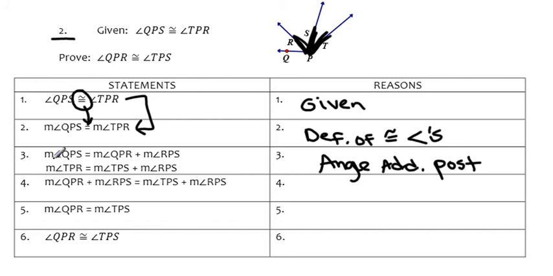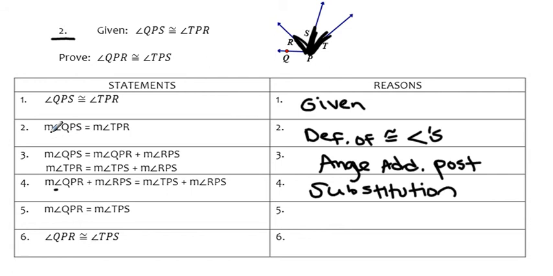What they do is they say that since QPS is equal to QPR and RPS, and TPR is equal to TPS and RPS, that we can take these two sets of angles and set them equal to each other. That property, which will always follow the angle addition postulate, is substitution.